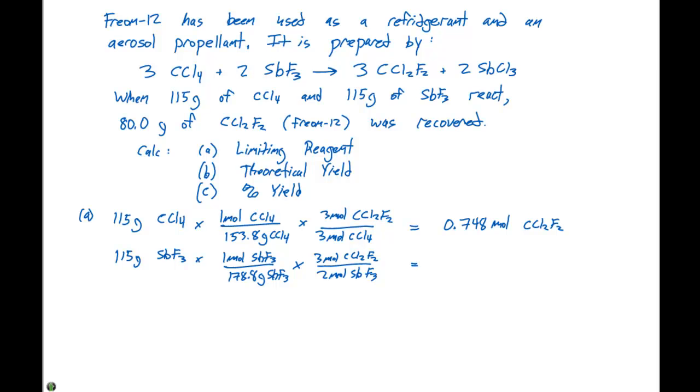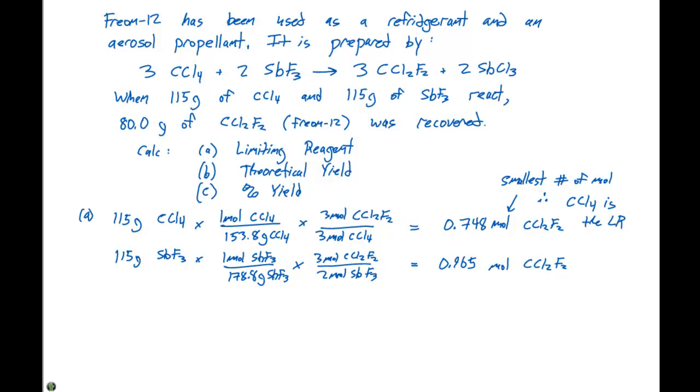This is going to give us 0.965 moles of CCl2F2, or Freon 12. So from these values, this first one that we calculated is the smallest number of moles. Therefore, the CCl4 is the limiting reactant.